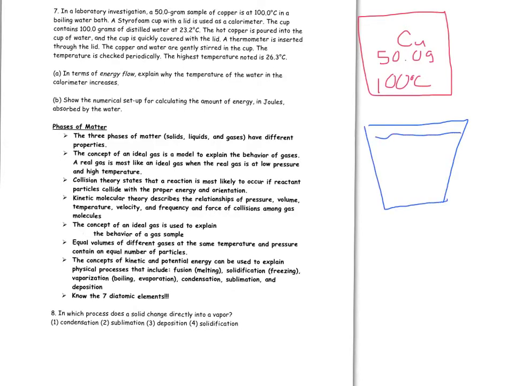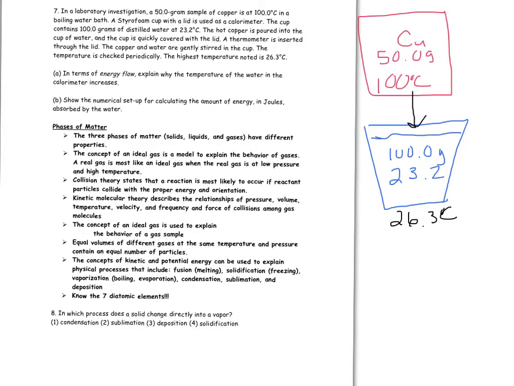This cup of water is 100 grams of water, and it initially is at a temperature of 23.2. We're going to take the hot copper and put it into the cold water. After this addition, they tell us that the water then gets to 26.3 degrees Celsius.